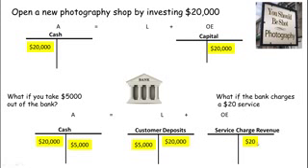What they're going to do is credit service charge revenue and debit customer deposits. And so they now are only obligated to give you back $14,980 because this $20 reduces their obligation.